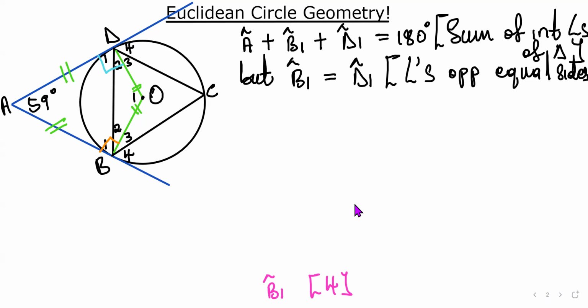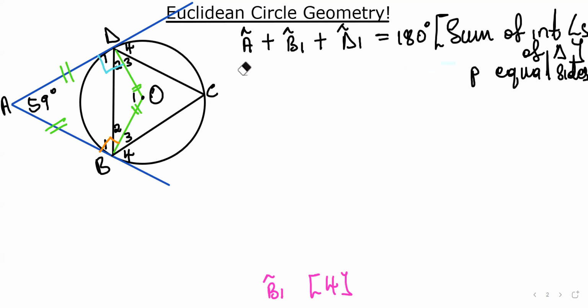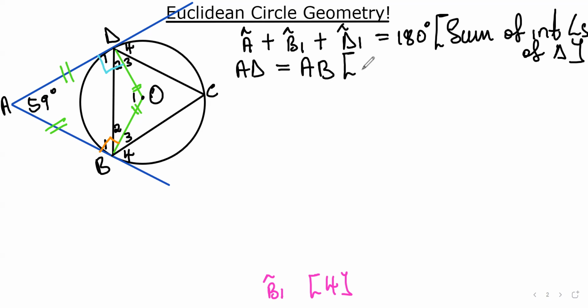Oh, by the way, before you say this statement, I really believe that you need to tell them that you realized this is an isosceles triangle. How? By telling them that the length of AD is equal to the length of AB because they are tangents drawn from the same point.